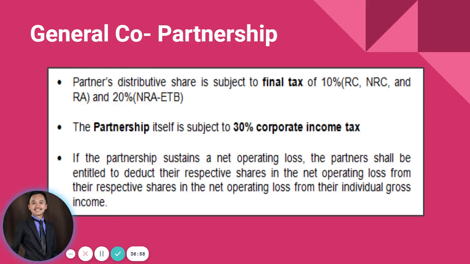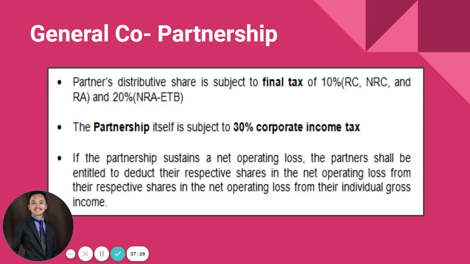And I'd like you to note this, guys. If the partnership sustains a net operating loss, that means the expenses of the partnership are higher than the total gross income that it generates, the partners shall be entitled to deduct their respective shares in the net operating loss from their individual gross income.